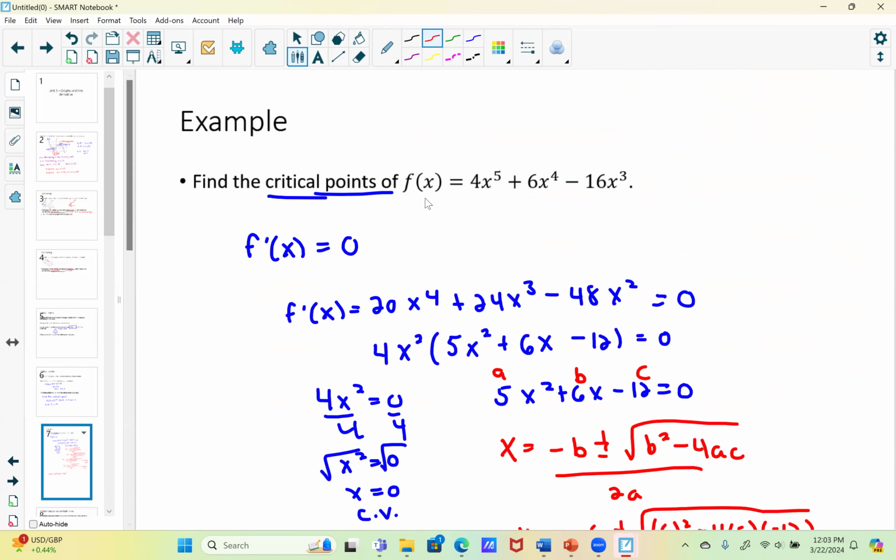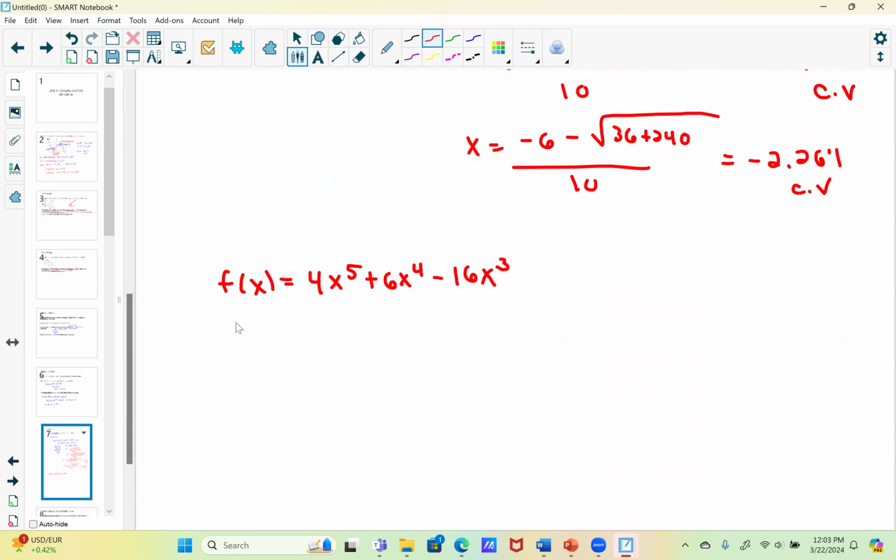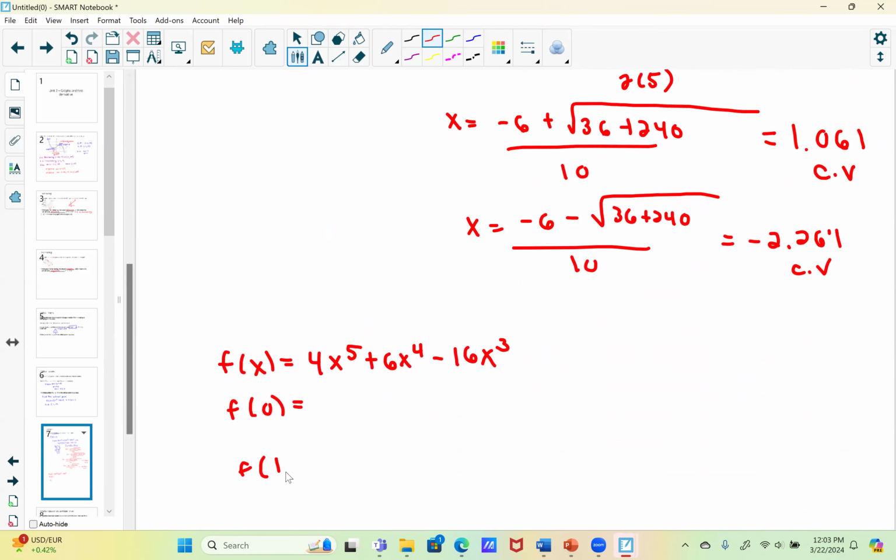Again, I'm going to use my original to find the y values. And I'm going to find f of 0, f of 1.061, and f of negative 2.261.